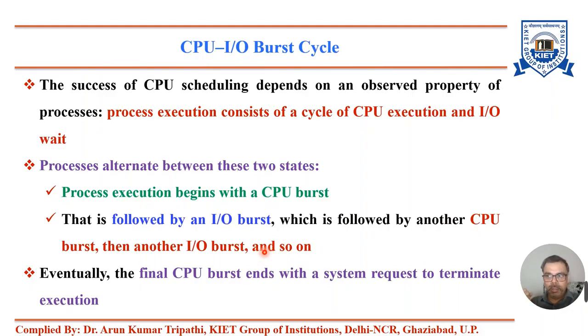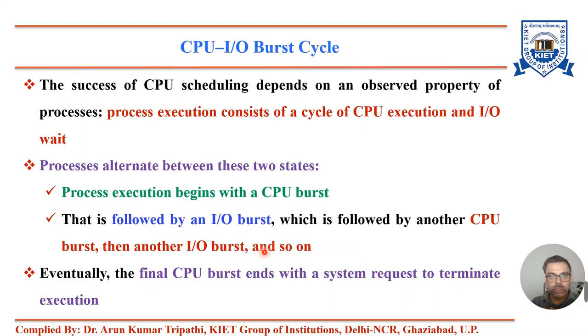So a better mixture of the processes means IO burst and CPU burst must both be there. Suppose that all processes are IO bound, means spending most of the time waiting for the input output. In that case, the CPU has to remain idle most of the time.